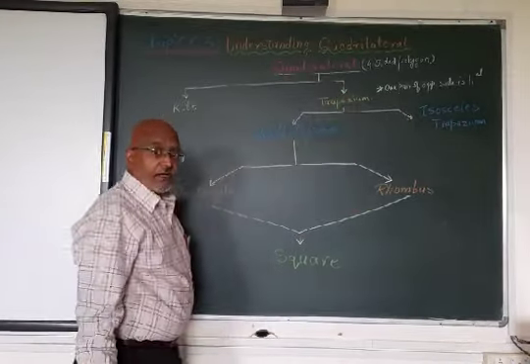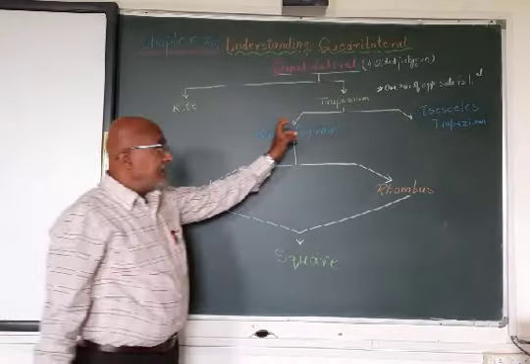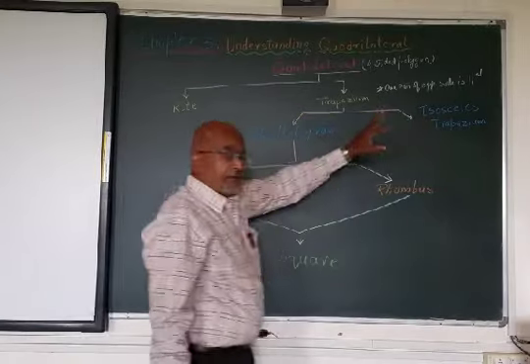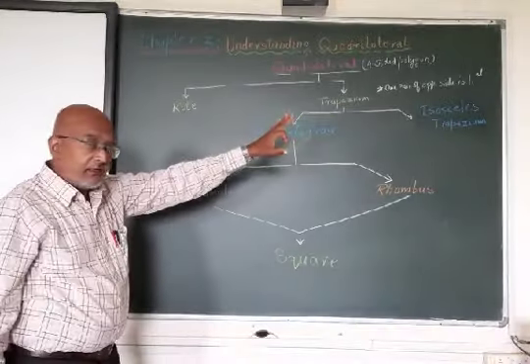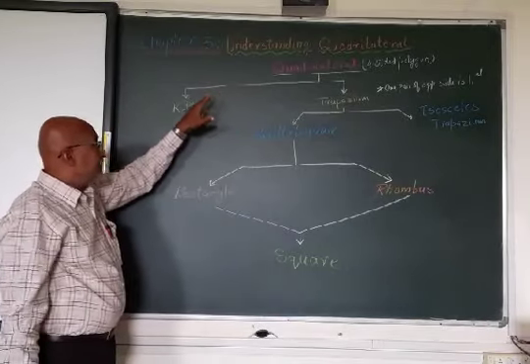Any other property? Normal trapezium. See, isosceles trapezium is different. We'll write the property later on. But trapezium, okay. Now, kite.